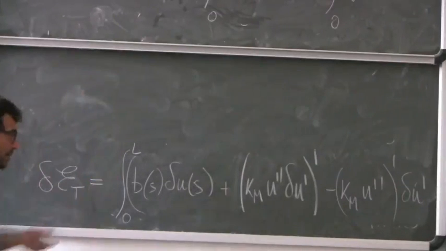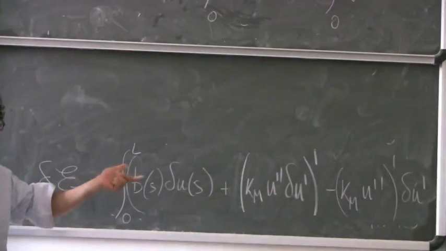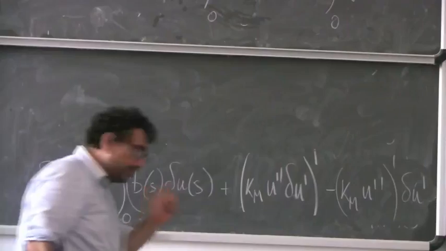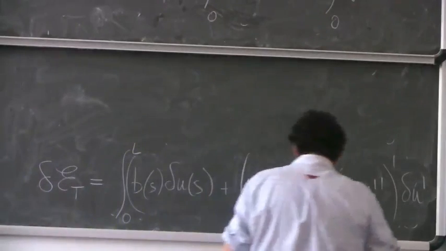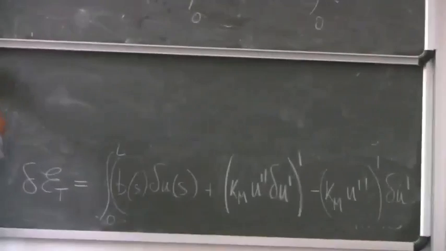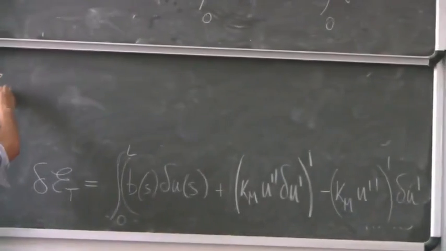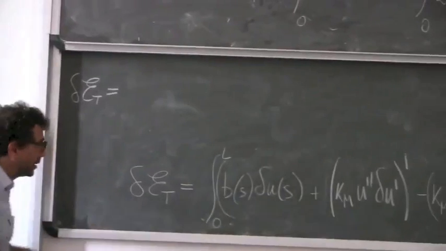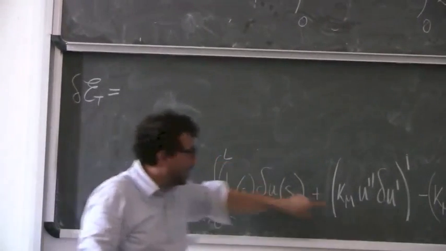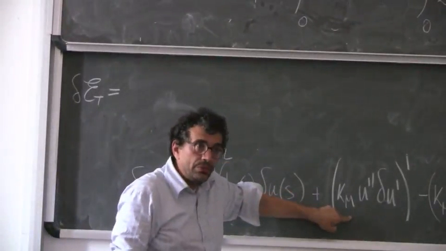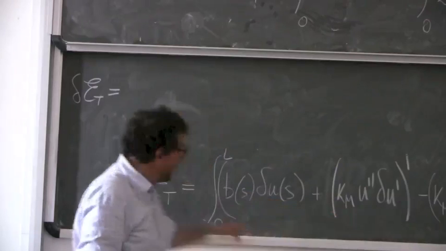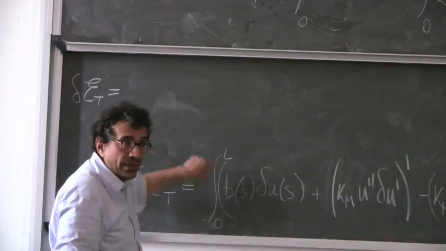You can say, but did we improve our situation? Yes, we did. Because delta E equal the integral of the derivative we know how to calculate. It is the function estimated at the extrema of the integral.